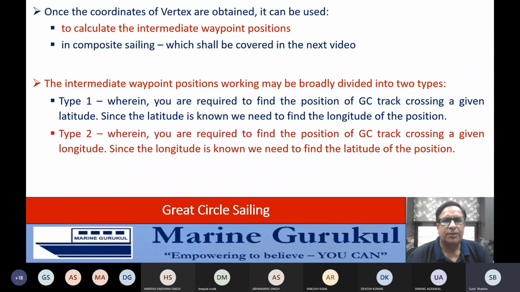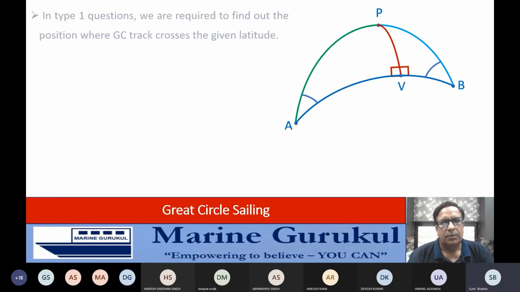The other way could be we decide on the longitude, so wherever the meridian of that longitude cuts the GC track, we calculate the latitude of that point. This can be conveniently done by factoring in the vertex, because it shall result in a right-angled spherical triangle, and Napier's rule can be applied. Now, in the first scenario, wherein we may have decided on the latitude of the intermediate waypoint.